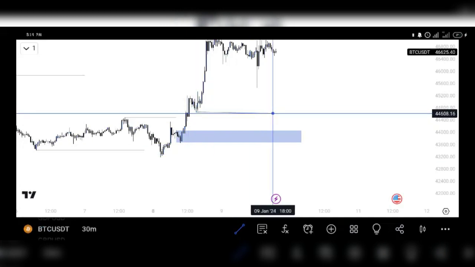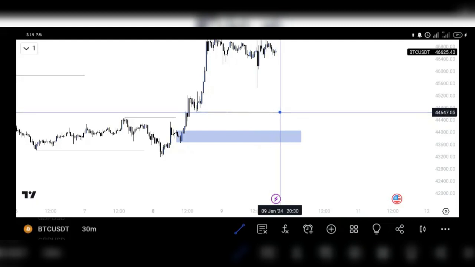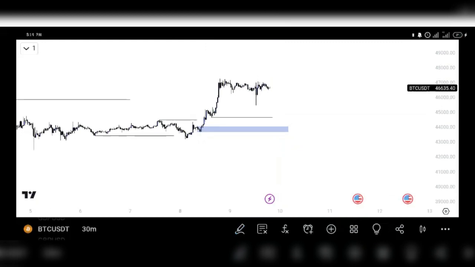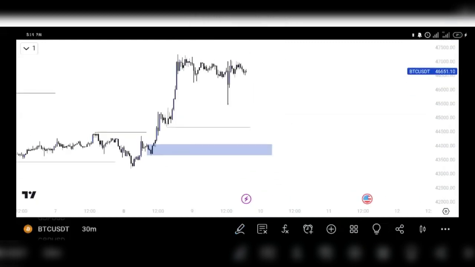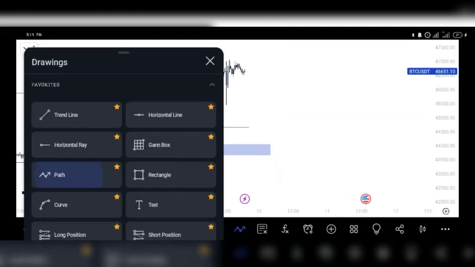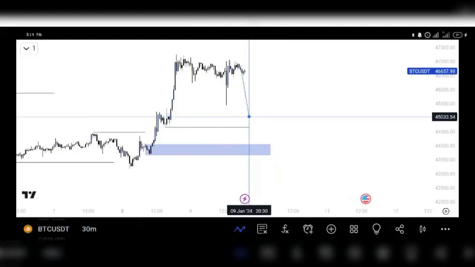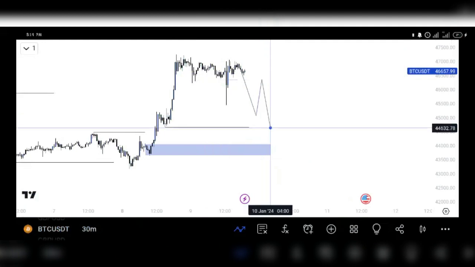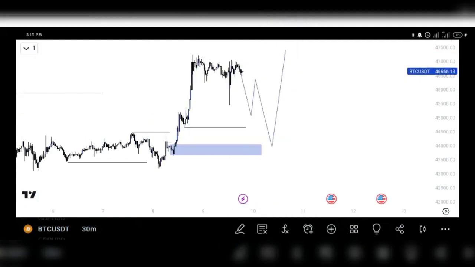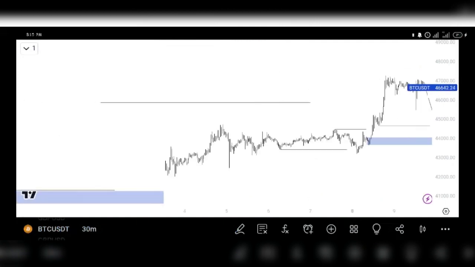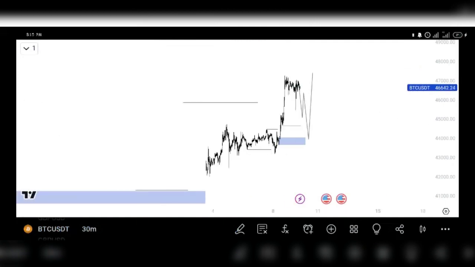So we can pick this point as our inducement, and we wait patiently for price to come down below, something of this nature, tap into this and continue its movement to the upside. And that is just an easy way to carry out our analysis.